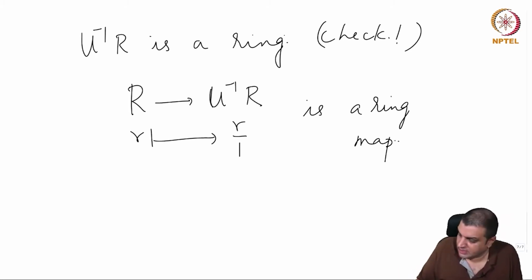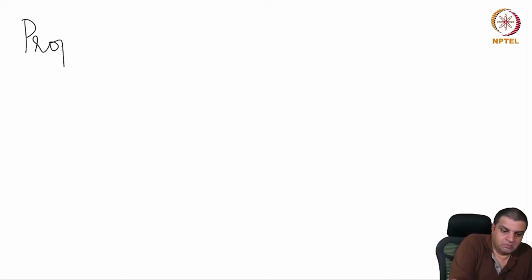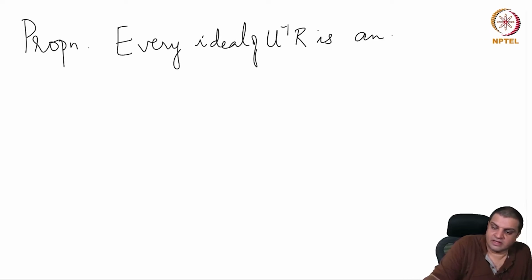What property does this ring have? Proposition: every ideal of U inverse R is an extended ideal.